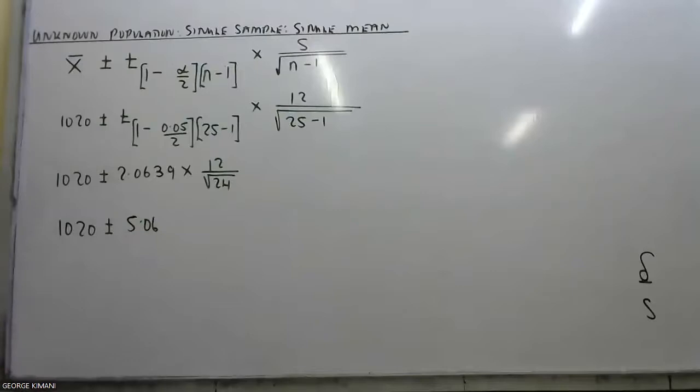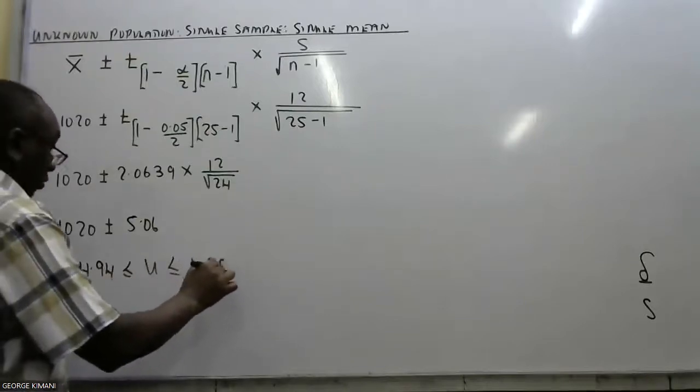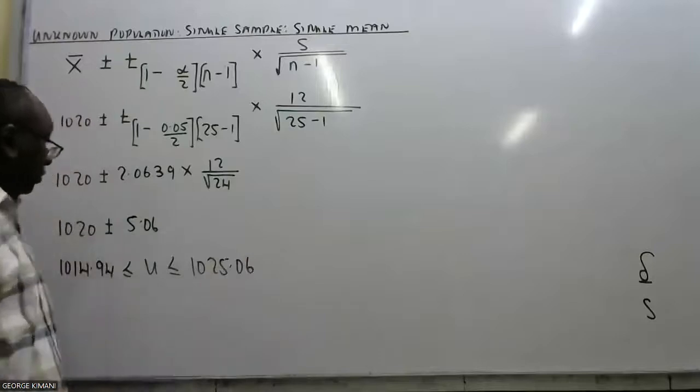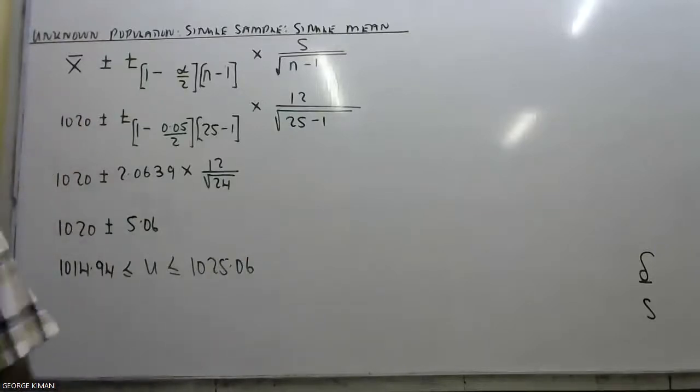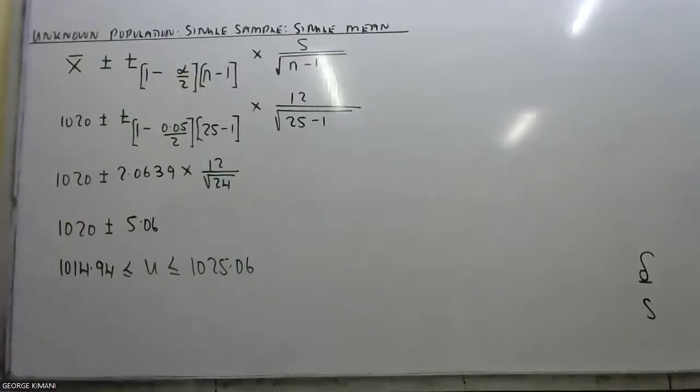So subtract: 14.94. And add: 25.06. So you will do the same with question number 4. Question number 4.